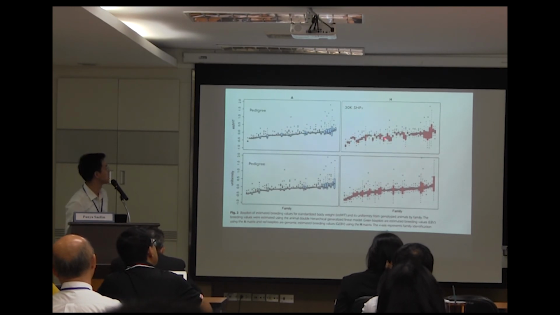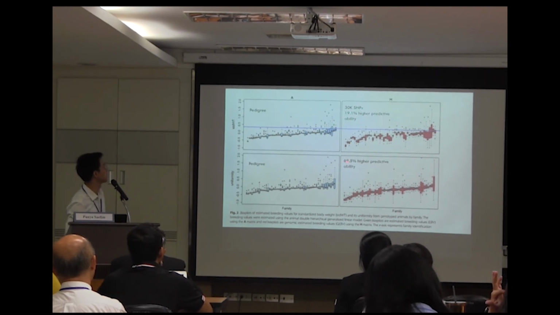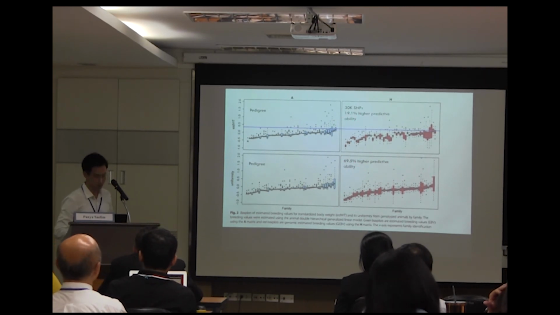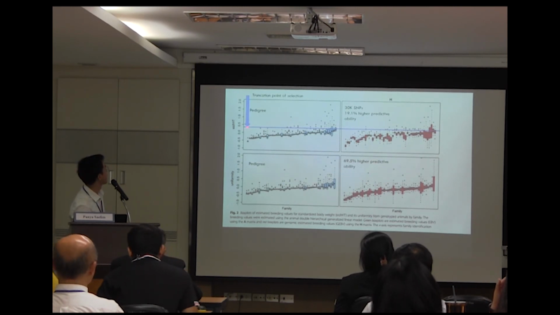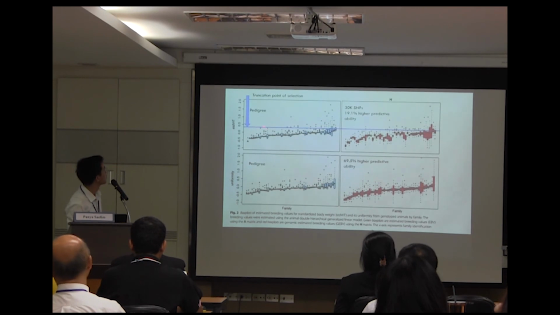You can see that the distribution of the GEBV within family is much more different compared to this pedigree-based breeding value. And it also provides a higher predictive ability, up to 19% for this trait and 69.5% for this trait. If this is the truncation point for selection, you actually have much more contribution from different families compared to this one.